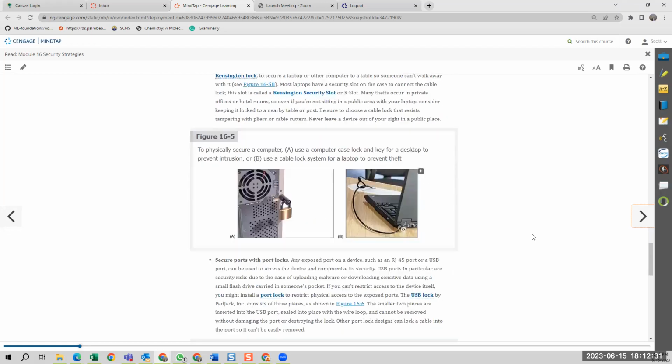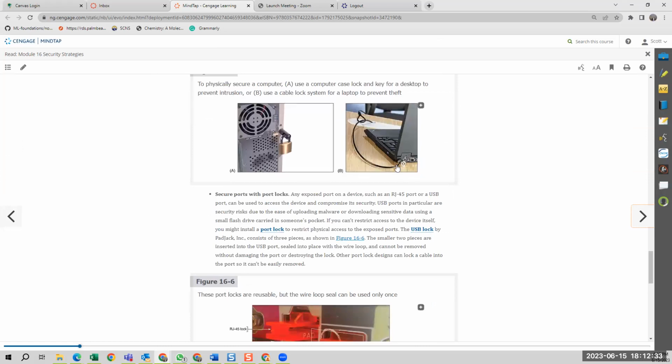There's a variety of different types of locks, and here's an example of what we've got at school. This one just locks it from being able to be opened. It doesn't keep somebody from walking away with it.